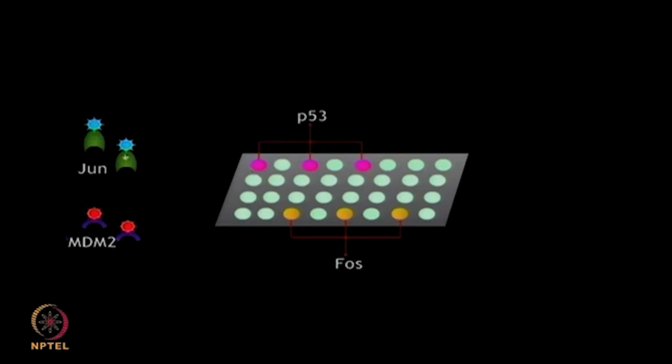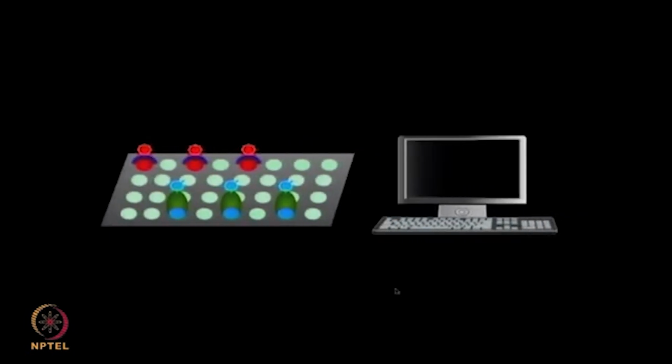Now, if we drag the Jun protein, it should interact with the Phos protein, as you can see by these interactions here. Now, MDM2 proteins interact with P53 protein. Once this interaction is established, then these signals can be detected by using a scanner.